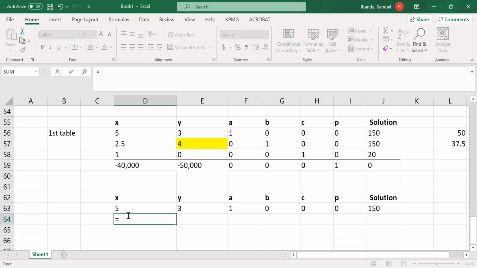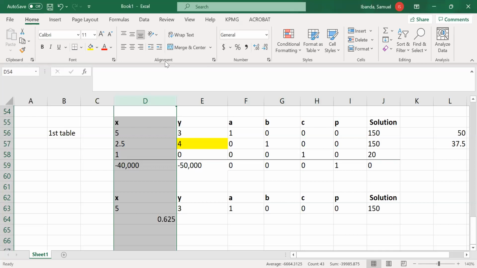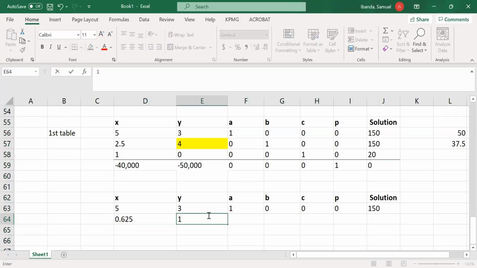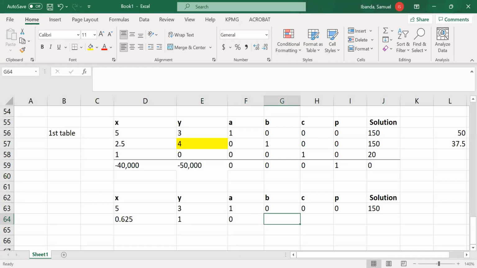This will be 2.5. You press that on your calculator, divide by 4. That will give you 0.625. This will give you 1, since 4 divided by 4 is 1. 0 divided by 4 is 0. 1 divided by 4 is 0.25.